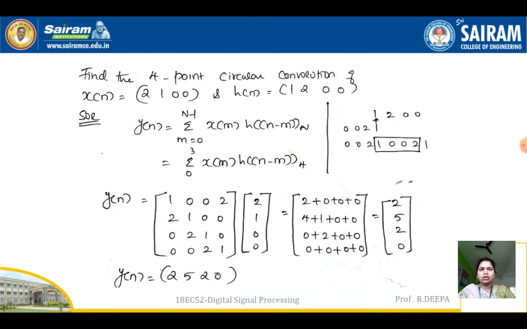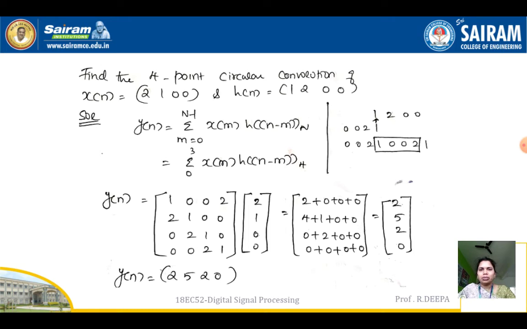So let me move on to the next property, circular convolution. The problem statement given is find the 4-point circular convolution of x of n 2, 1, 0, 0 and h of n 1, 2, 0, 0. So this is a problem which is related to circular convolution property.